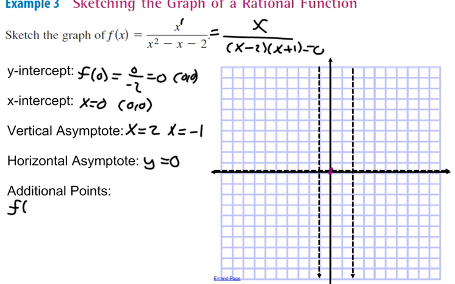Since you won't have your graphing calculator, this is when it becomes the most tedious, because you just have to plug in these x values. You could use your factored one or the one over here. If you plug in negative 2, you get negative a half. So if I go to negative 2, I get negative a half.